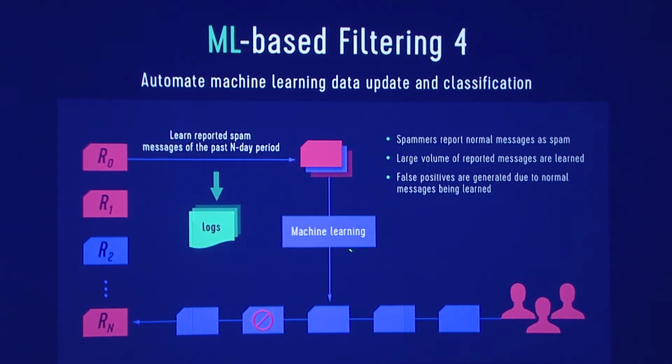So the machine will actually learn normal messages as spam, and this will lead to a large number of false positives. In the security scene, the number of false positives could be an issue, and we need to reduce such cases. And it is almost impossible to reduce it by 100%.